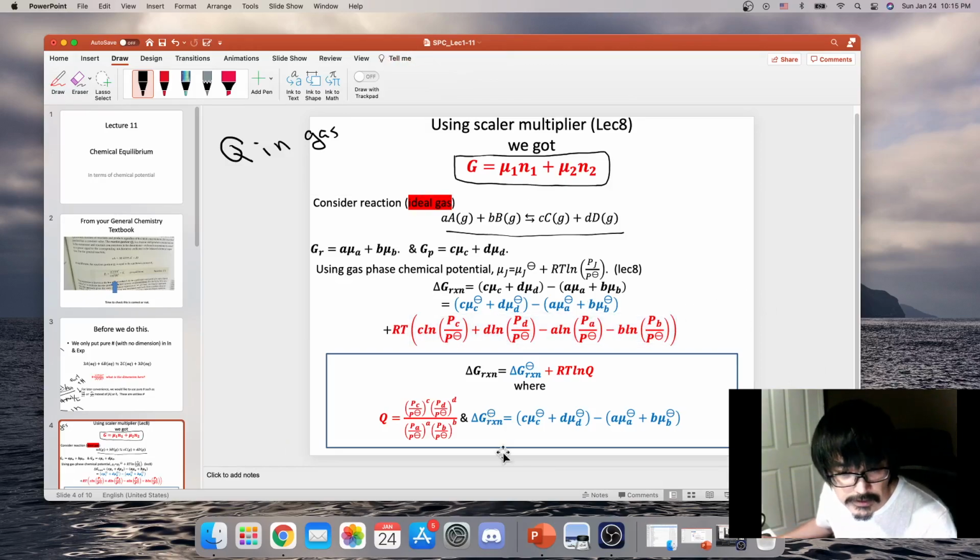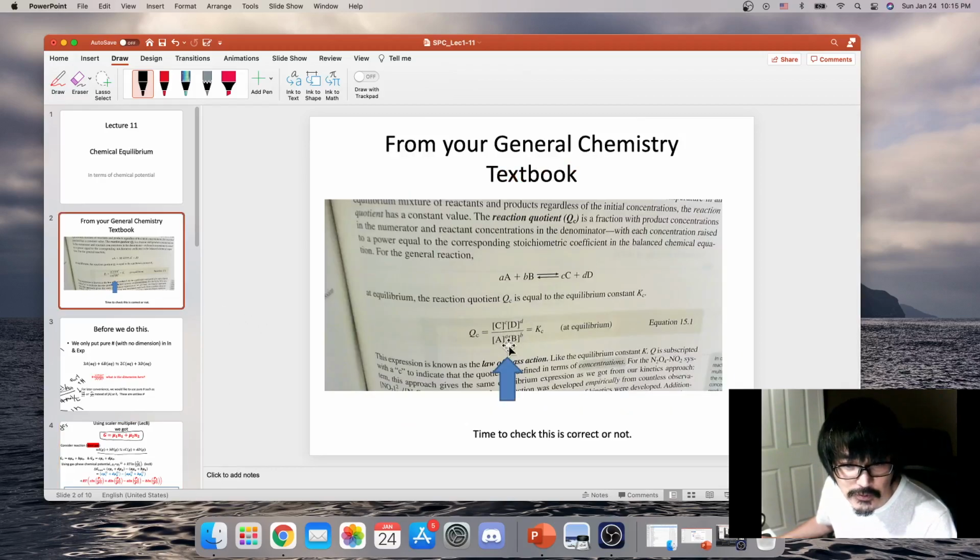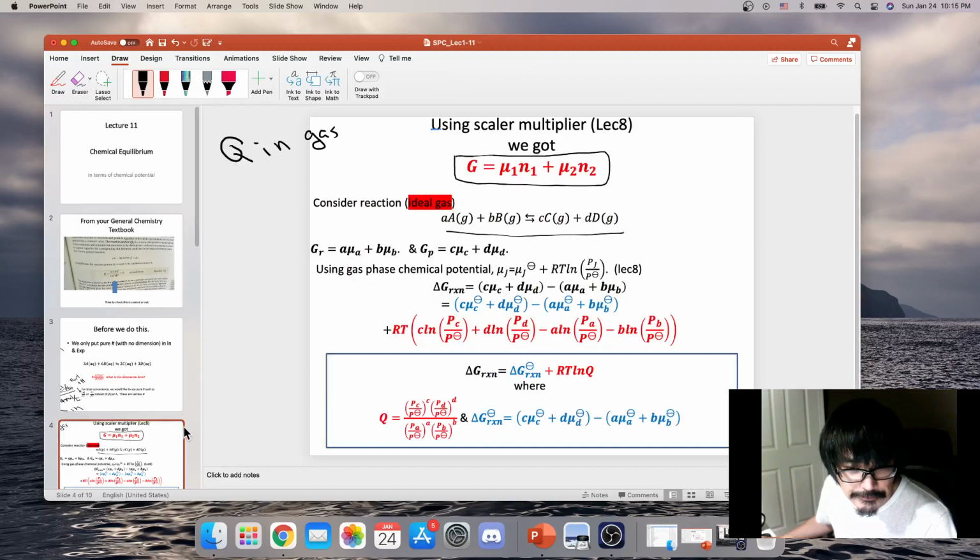Okay, so that's done. Once you've done this, then you get this Q is equal to this guy, and that's equal to that. And that one right there is literally what we have for the gas phase reaction quotient.